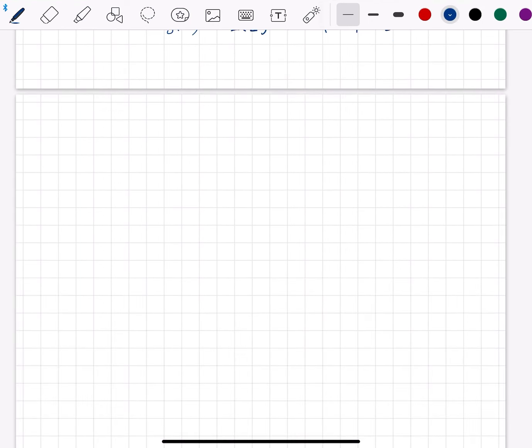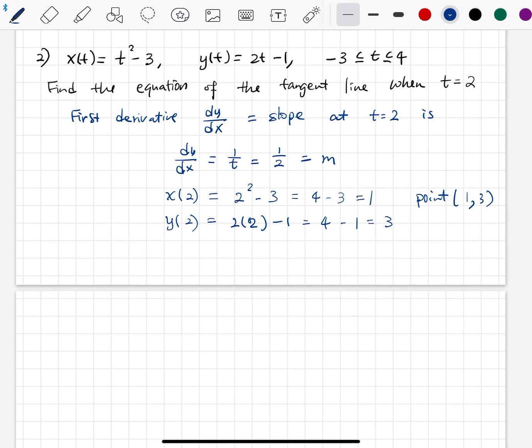Then using the point-slope form for finding the equation, we have y minus y0 equals m times x minus x0, which is y minus 3 equal to 1/2 times x minus 1, which is y equals 1/2 x plus 5 over 2.